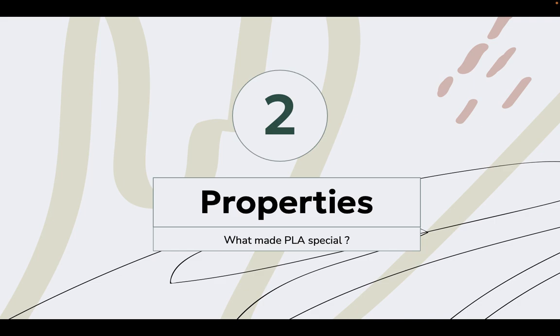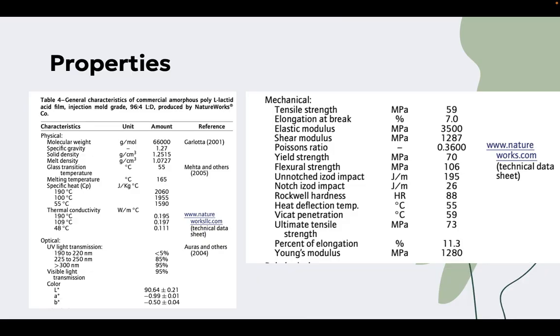Next, I would like to talk about different properties of PLA, including physical, optical, and mechanical properties. As you can see on my presentation, here are the detailed properties listed for the poly-L-lactic acid film, but I will take a few important values to talk about.